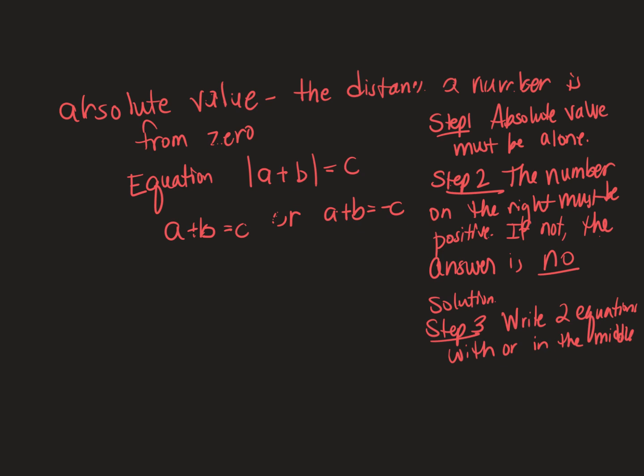So be clear that you do not put absolute value in this step, and you do not change the sign of what's in the absolute value. You only change the sign of the number that's on the outside. Step 4, solve each equation.